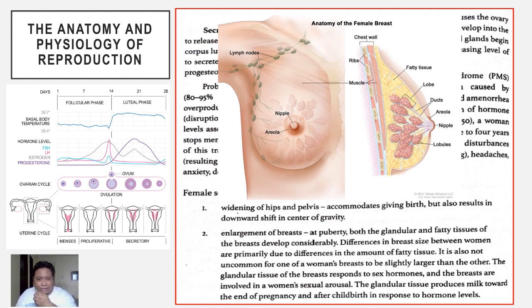The glandular tissue of the breast responds to the sex hormones, which is also one of the key factors in the difference in size. The breasts are involved in women's sexual arousal. The glandular tissue produces milk towards the end of pregnancy and after childbirth in response to hormone levels.